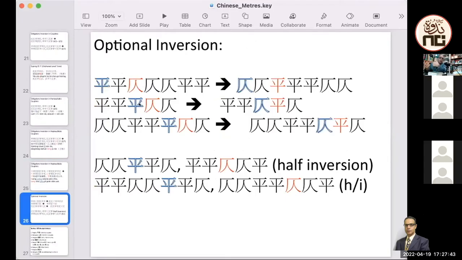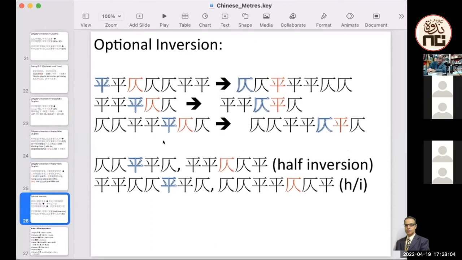It depends on the flow of his poetry, the muse, how it inspires him. And also the tse could be changed into ping or could stay as it is. This is called half inversion.